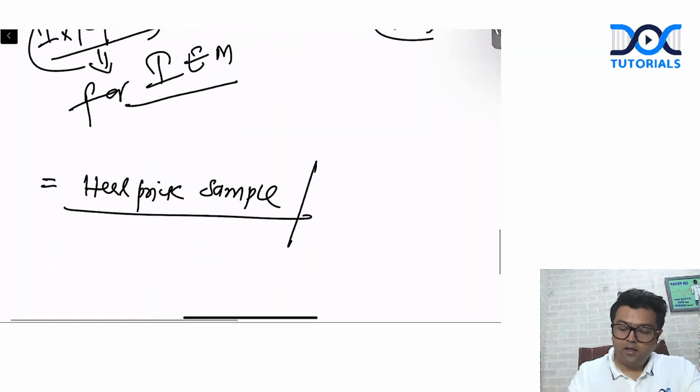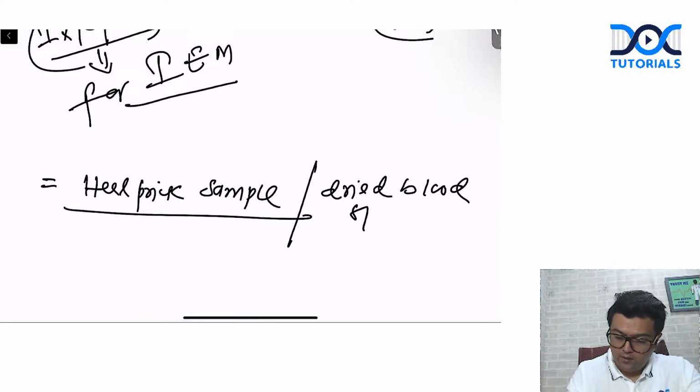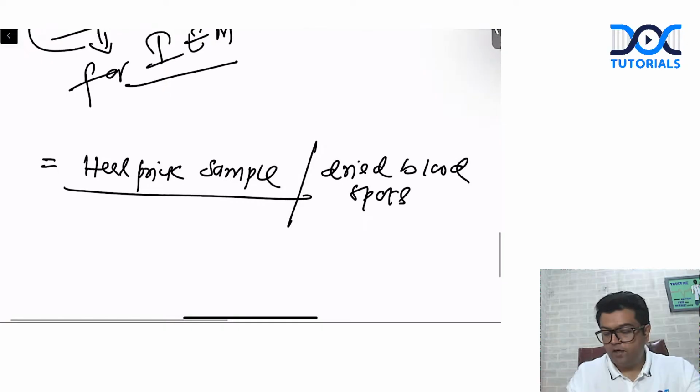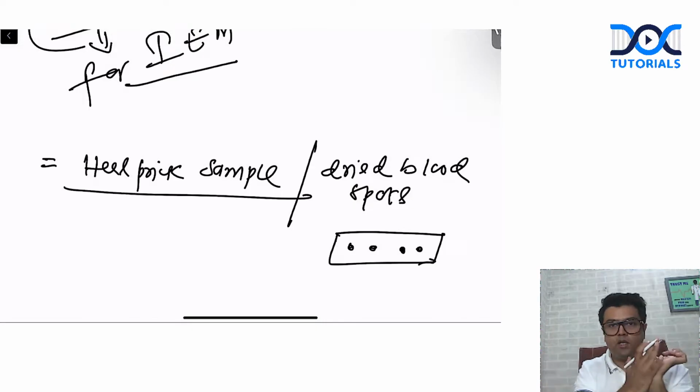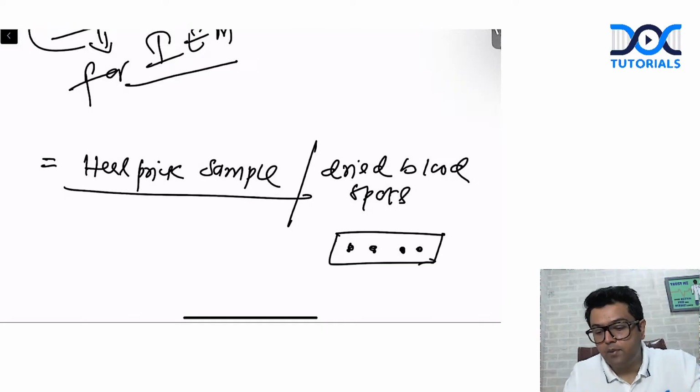We can also call them dried blood spots. If I take a filter paper and take the sample from the baby's heel, I put it on multiple places on the filter paper, taking multiple spots or drops of blood. So that is called a heel prick sample.